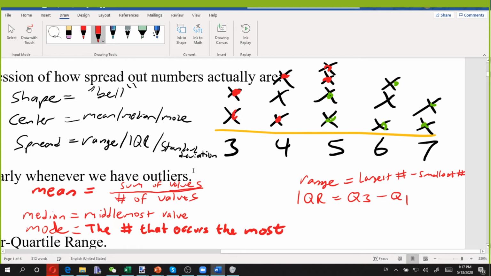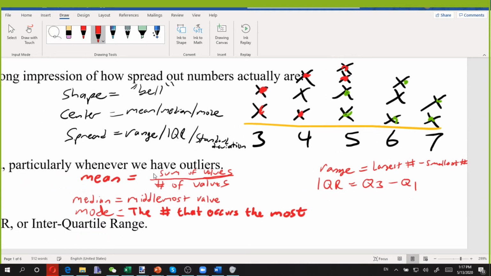Okay. So these are all of your SAT values. If these are all of your SAT values, the last one we need is our standard deviation.